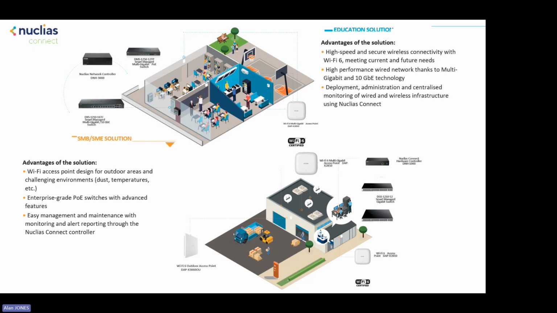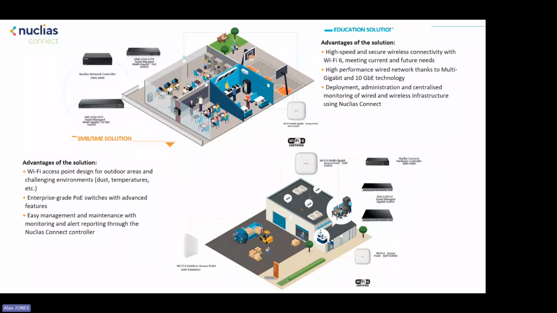So what I wanted to do with the last example was show an SME solution. Now, it might not be the most common SME solution, but this company operates in a warehouse and they have a need for Wi-Fi outside. So hence why we've included it in this one. They're a company that does a lot of freight, so they want their forklift trucks still connected to the network when they're outside.